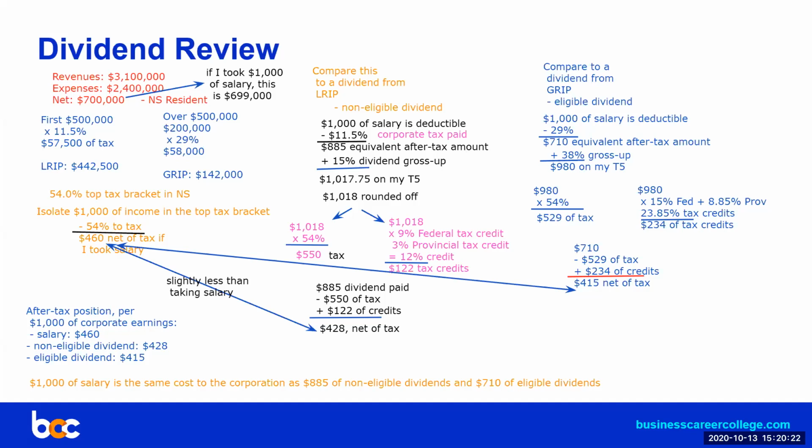Yeah, it does function as a tax deferral. Andrew is correct here. The 11.5% tax bracket is only useful to the extent that you leave money in the corporation. If you strip every dollar out of the corporation, these tax deferrals are useless.